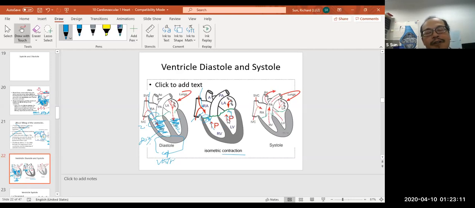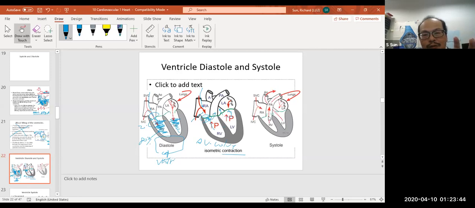So during the very first couple of milliseconds, this ventricle contraction doesn't make the blood go out. It first closes the AV valve. Then it starts to build pressure to push open the aortic or pulmonary artery valve.